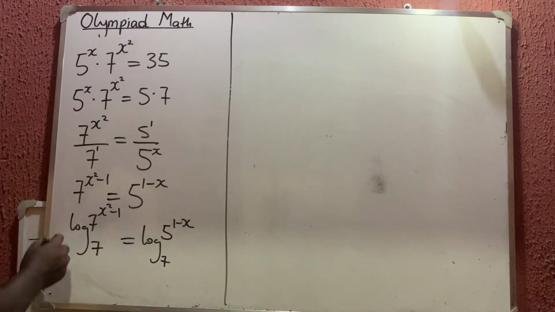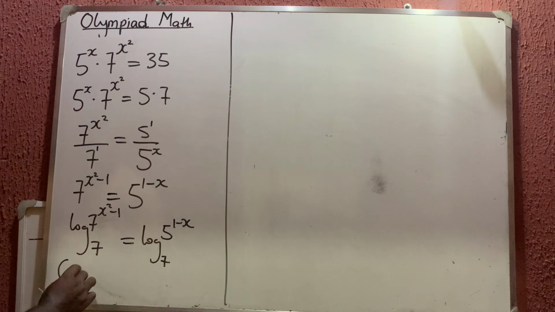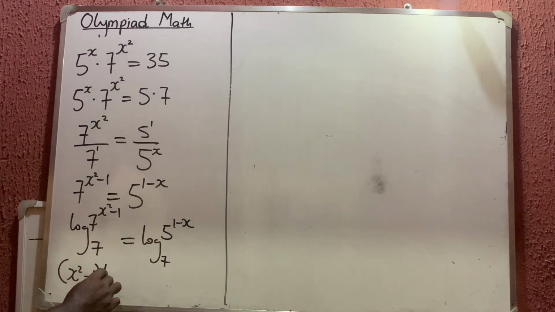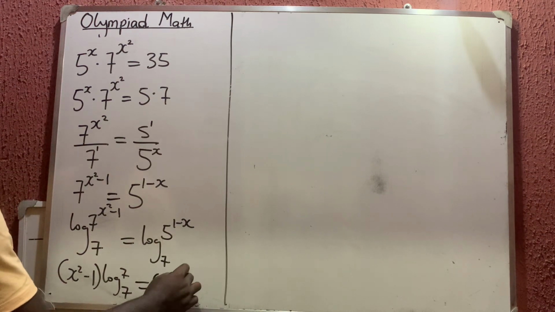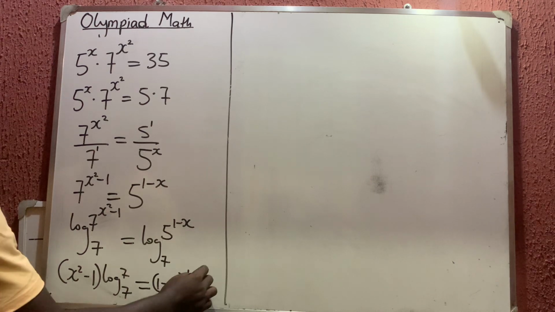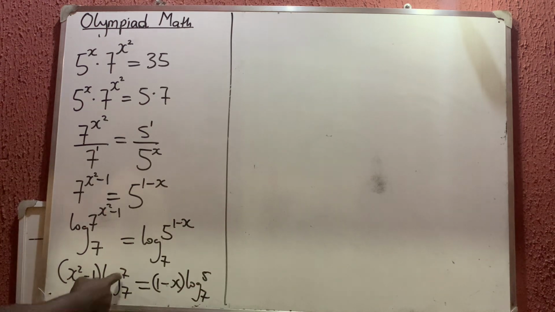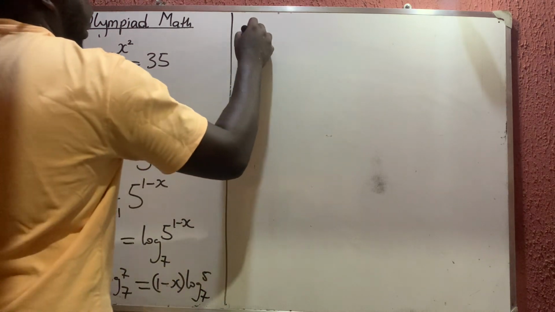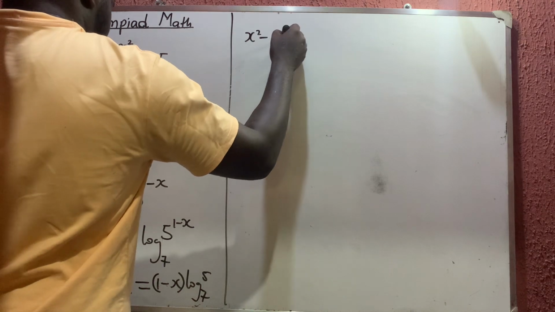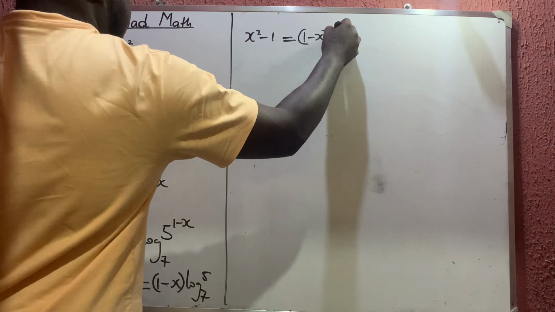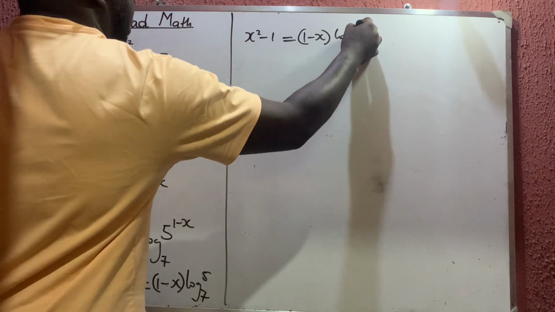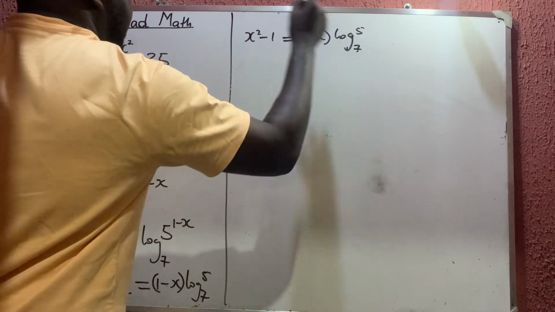So if this is going to the back, I'm going to be having that this is x squared minus 1 log 7 base 7 is equal to 1 minus x, okay, then log 5 base 7. You know that when the log and the base are the same thing, the answer is 1. So 1 times this, I'm still having x squared minus 1 is equal to 1 minus x in bracket of log 5 base 7.